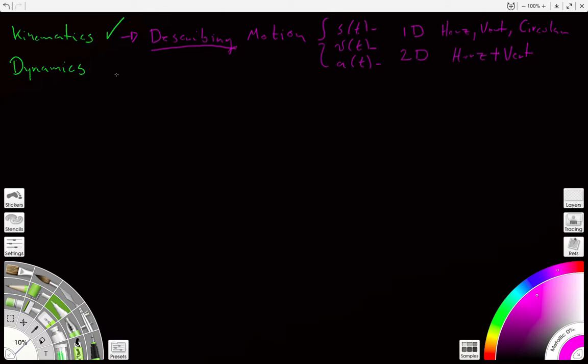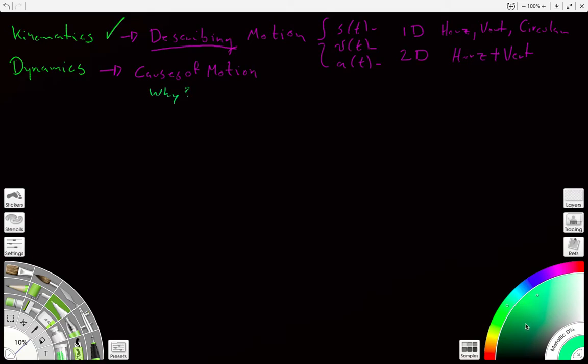Now, dynamics doesn't describe motion per se, but is rather the study of the causes of motion. Kinematics answers the question of how it's moving, and dynamics answers the question of why it's moving.